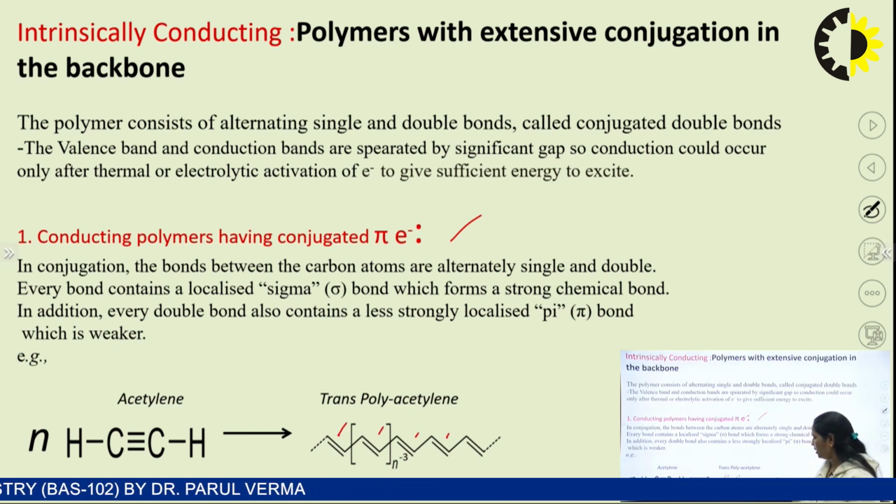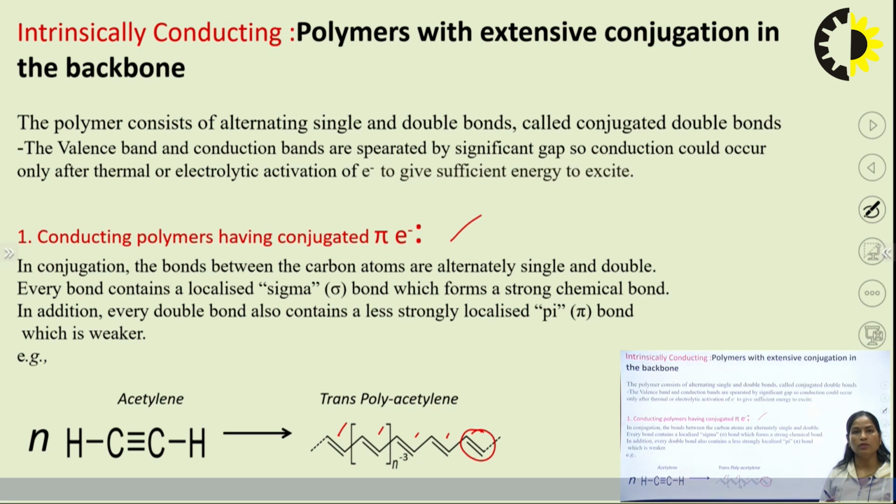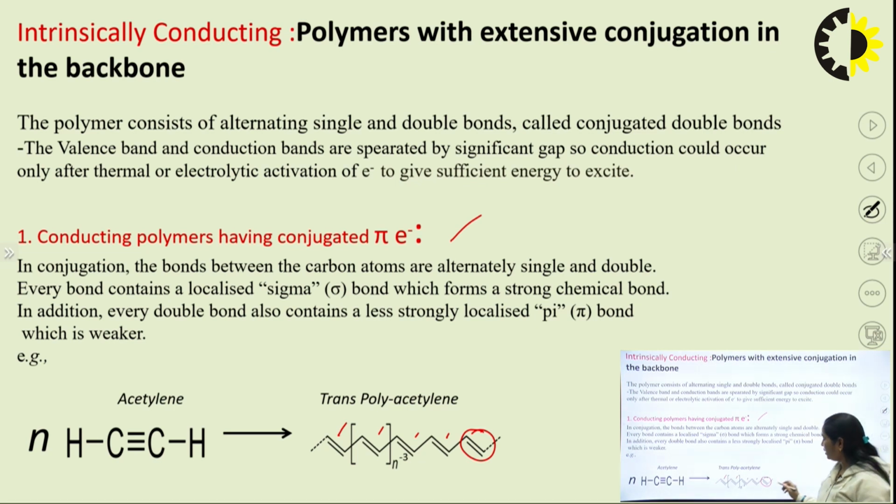This whole chain has pi bonds, and in a pi bond, as you all know, pi electrons are available. When these pi electrons are delocalized, they make this polymer conducting in nature.